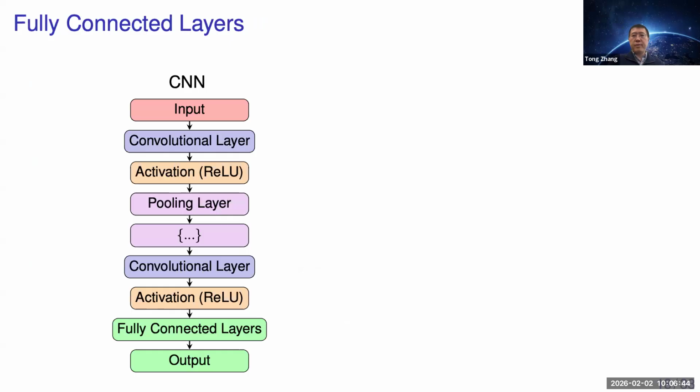So here is a map which you actually try to get. Basically, you have input, you have a convolution layer, you have activation, you have pooling. Pooling reduces your dimension, right?